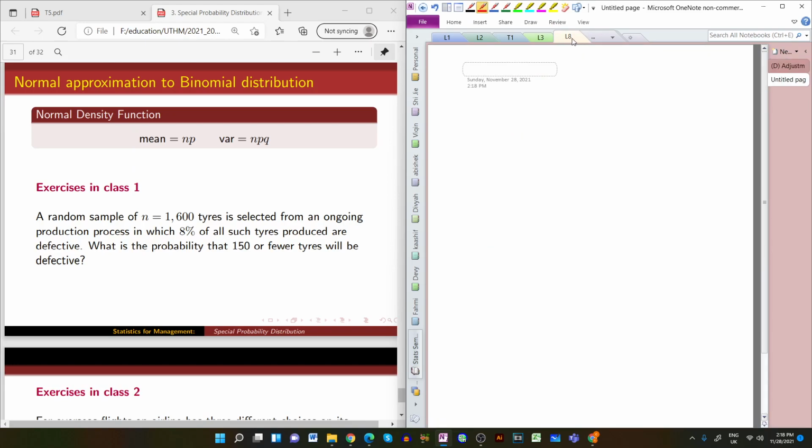First time. Let's say in discrete they ask you to find the probability of x greater or equal to 4.